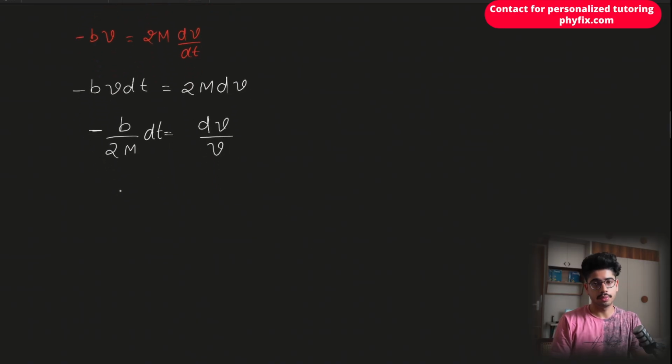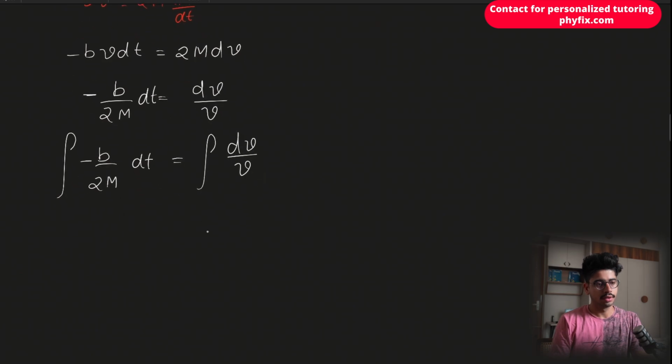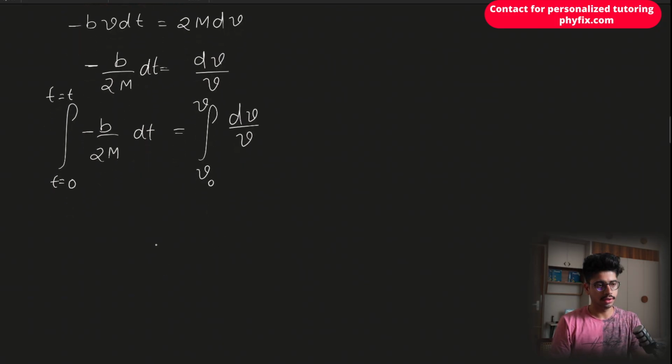Now integrating on both sides to find the v value. Let me put the integration sign: integral of dv by v. If t is equal to 0, the velocity is v0, given. When the time is t, the velocity is v. Let's do the integration.